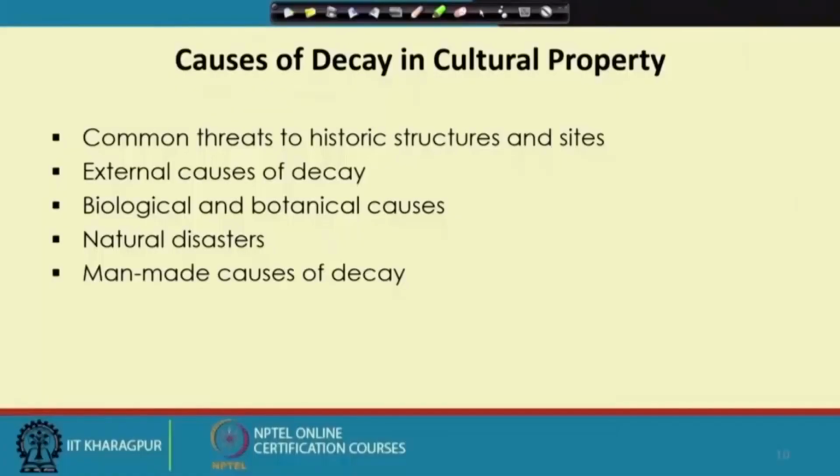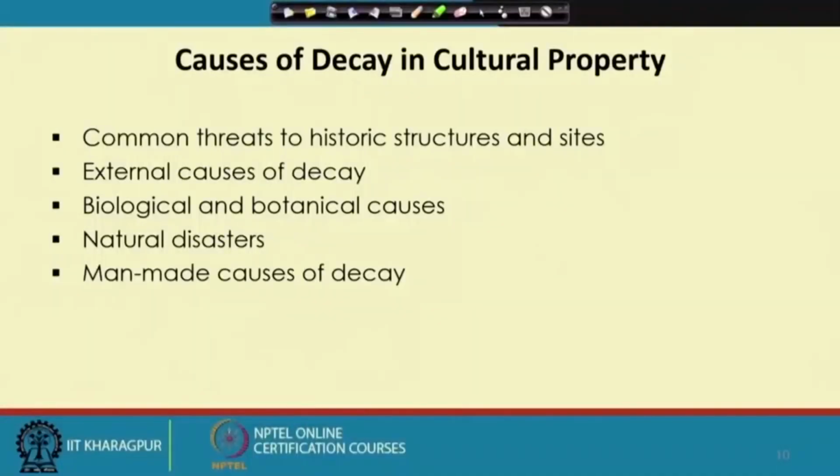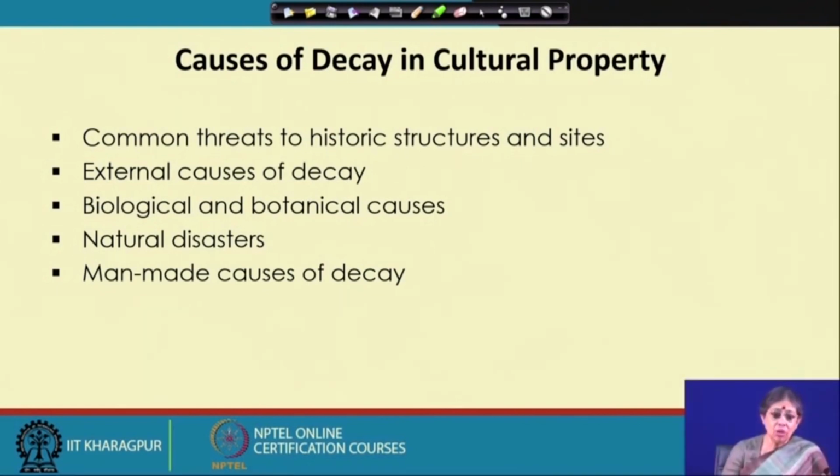So, we'll talk about the causes of the decay in the cultural property, what the common threats are. In the next module, we will talk about the common threats to the historic structures and the sites, and we will talk about what really causes the decay, because if you have to preserve something, we have to know the external causes of the decay of the structures.